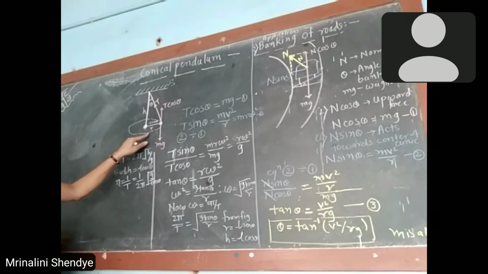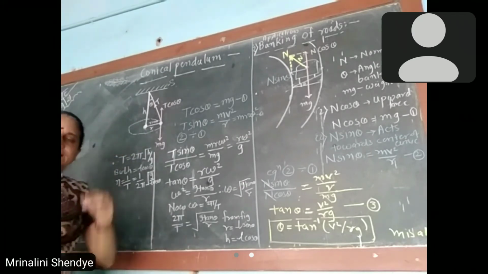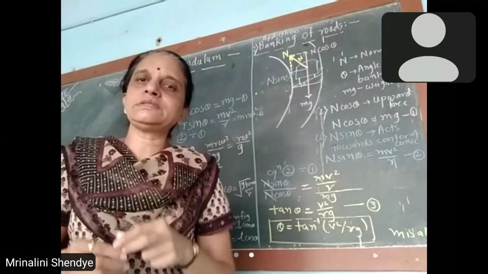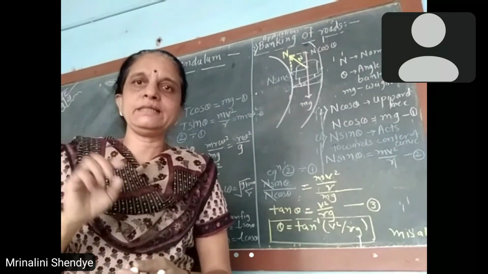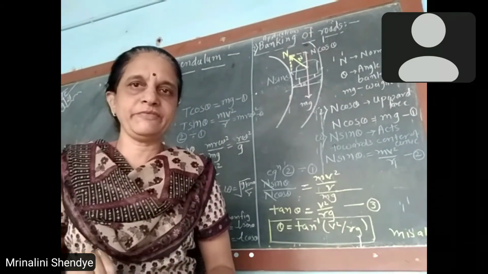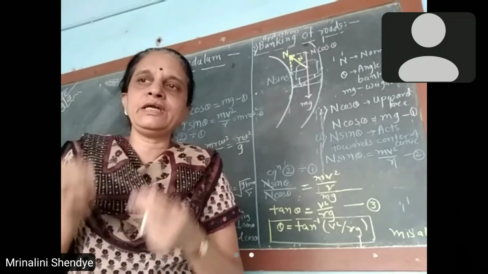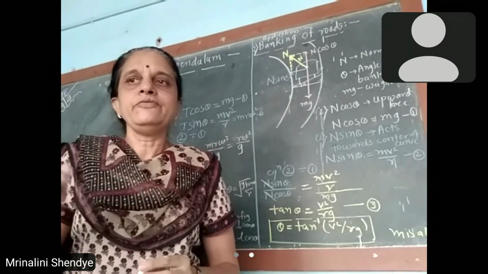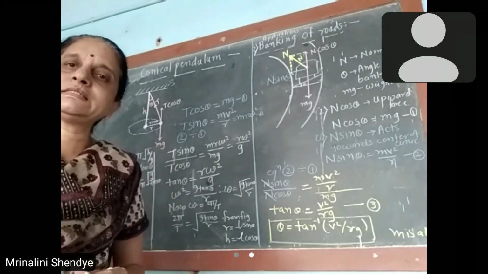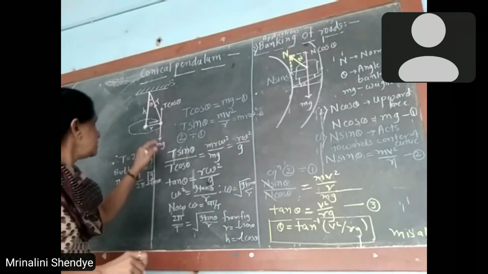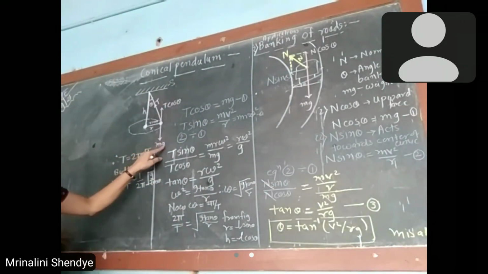Whenever I attach something to that thread, it has some weight. Is it clear? There is no doubt, because every particle on the earth's surface has weight. This weight is called mg.